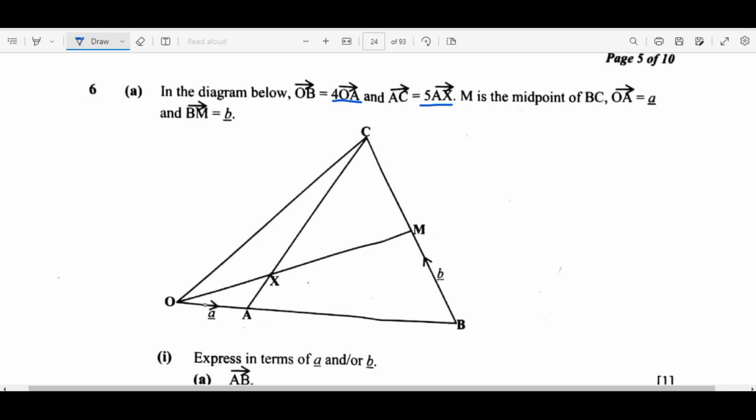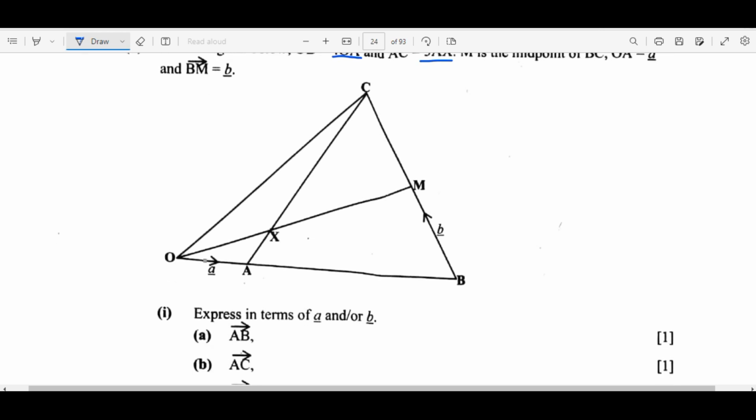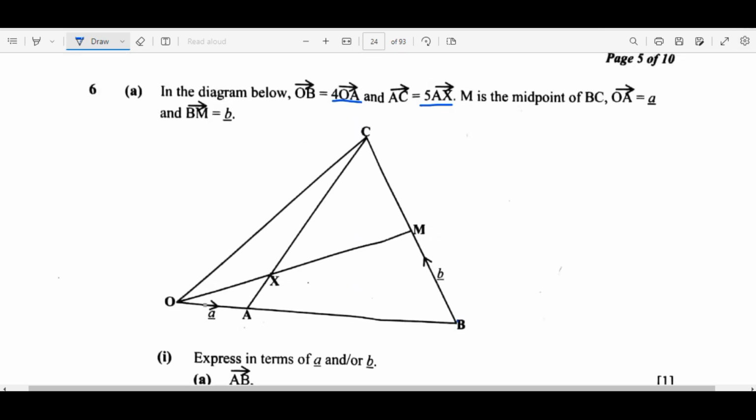So when we look at here, they are saying express AB. So AB is what we are looking at. This is very simple because we are looking at AB.